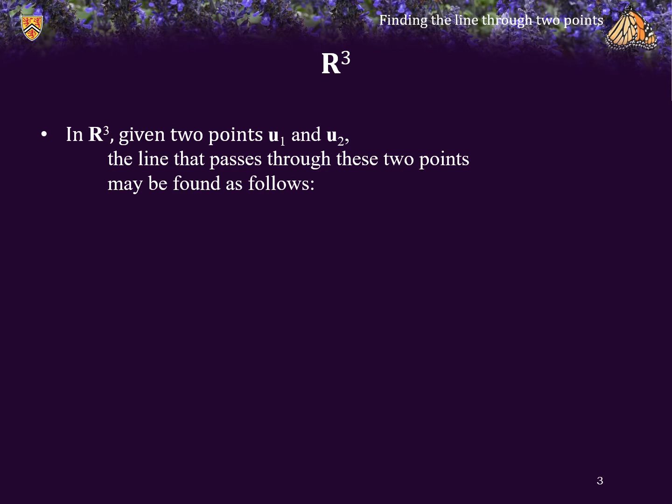All right, in R3, suppose we have 2 points, U1 and U2, and we'd like to find the line that passes through these points. We can find that line as follows. First, let's calculate the normalized vector between the 2 points.